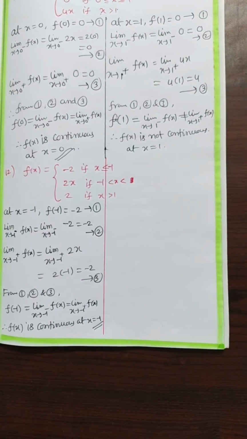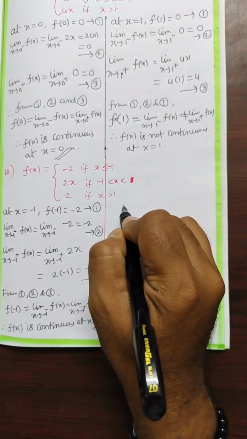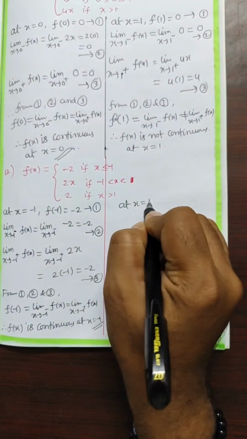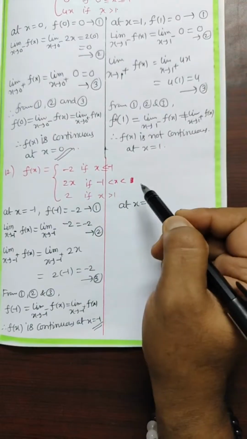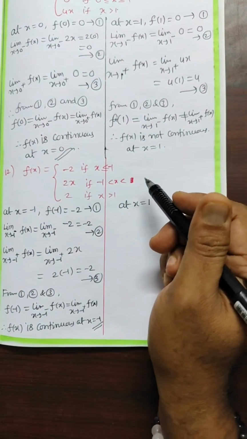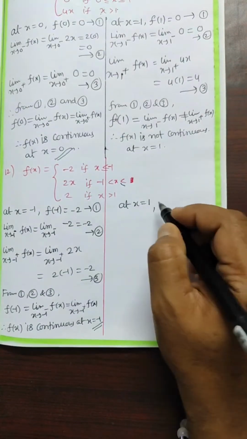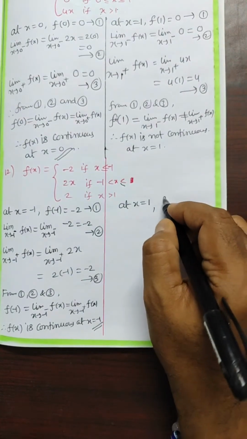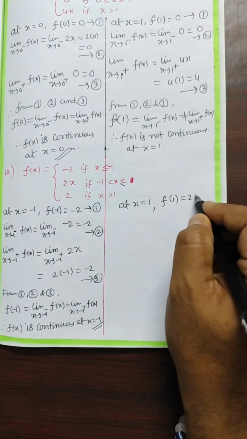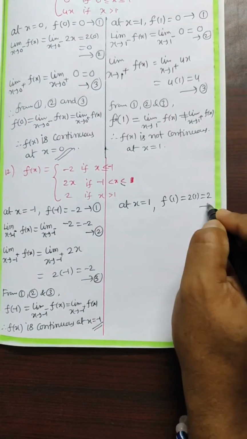Now we will verify at x is equal to 1. At x is equal to 1, f of 1 is equal to 2 into 1 which is equal to 2.